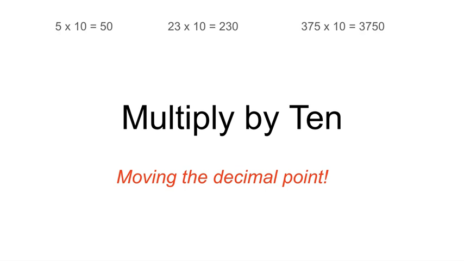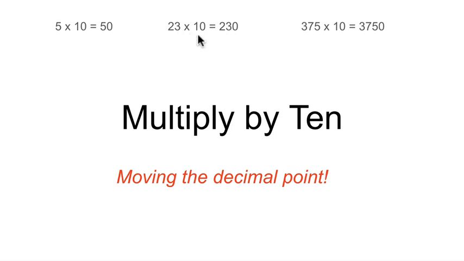Now, I know that many people think that multiplying by 10 is quite easy, and they think, well, multiplying by 10 is easy because I just stick a zero on the end of the number. So 375 times 10, you just stick a zero on the end of 375.